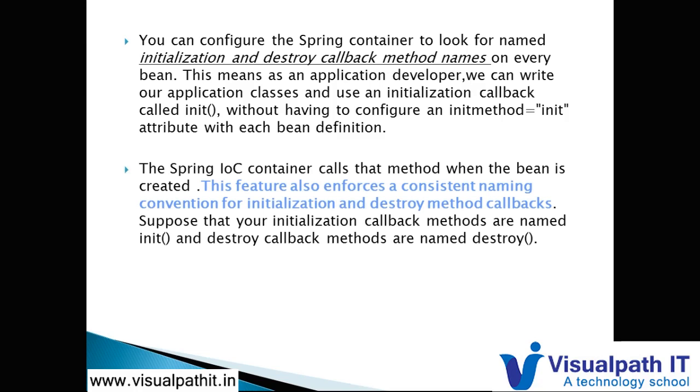So usually the better thing is to use init-method and destroy-method: init for the initialization callback and destroy as the destroy callback method. The Spring IoC container calls that method when the bean is created. This uniform feature also enforces a consistent naming convention for the initialization and destroy method callbacks.